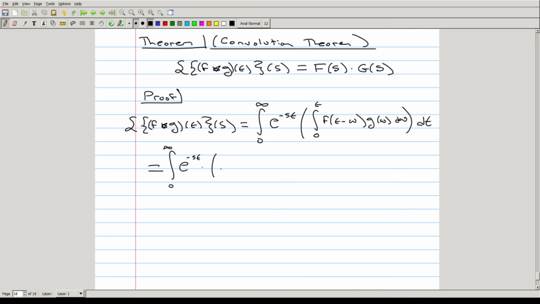Times the integral from 0 to infinity, this integral is the same thing as the integral from 0 to infinity of the unit step function u, evaluated at w, of t, times f of t minus w, g of w, dw.